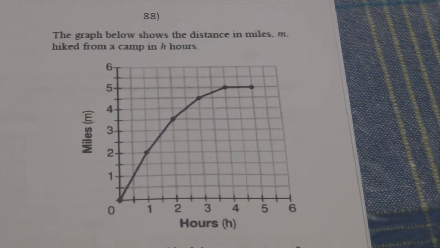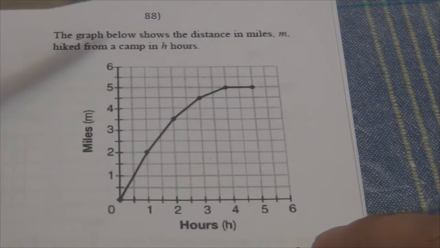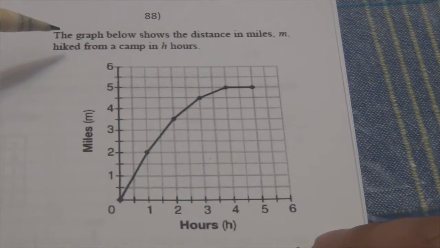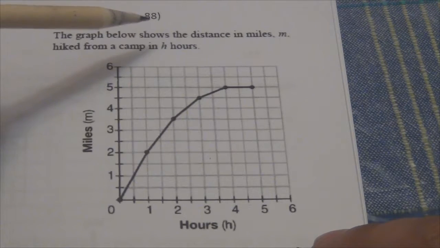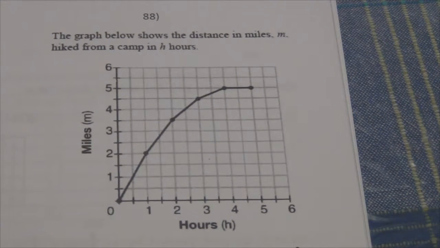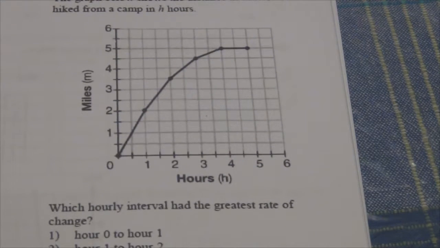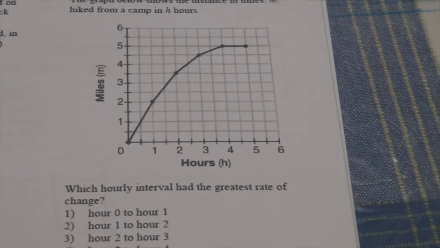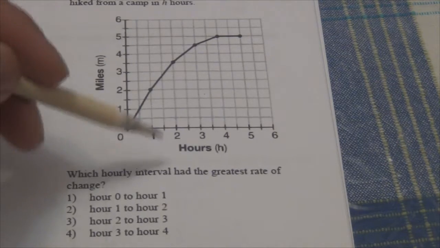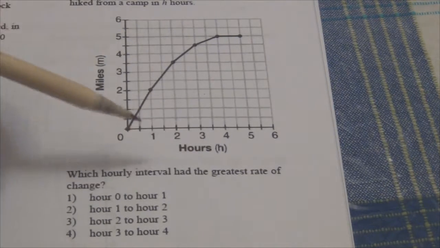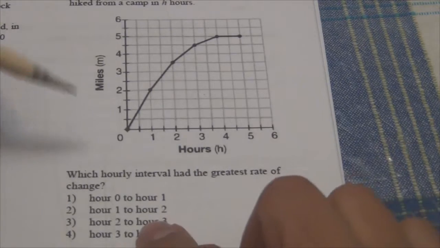All right. So this one. The graph below shows the distance in miles, m, hiked from a camp in h hours. So, which hourly interval had the greatest rate of change?